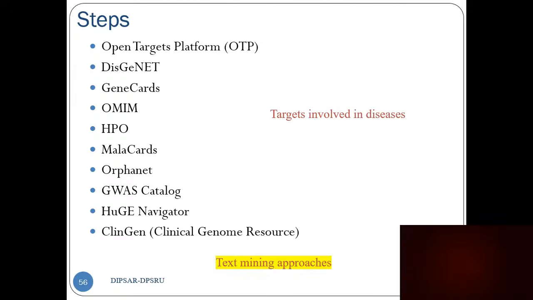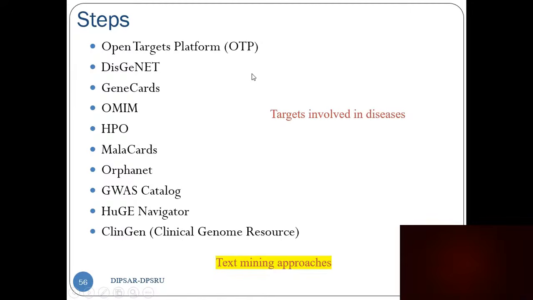Now someone in the chat box has written, sir, you will get the duplicates. Yes, that's why I said, see, for example, any one of you is working on yellow fever or anything, so you typed it in these databases, Open Targets Platform, then you have done DisGeNET, GeneCards, OMIM, HPO, MalaCards.